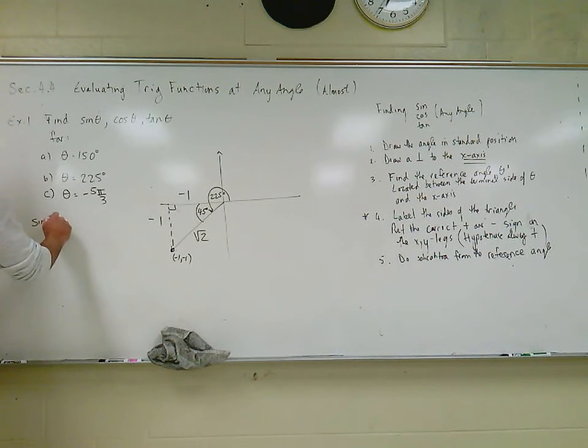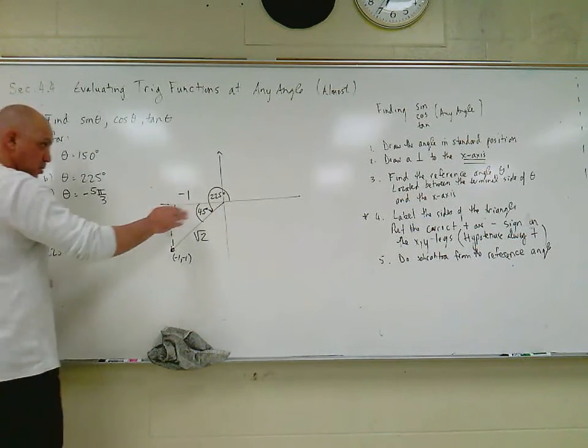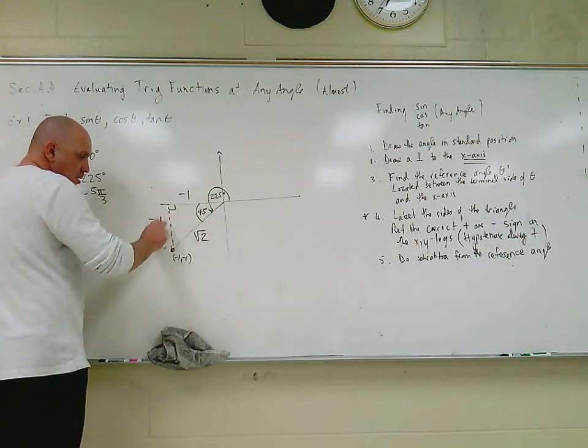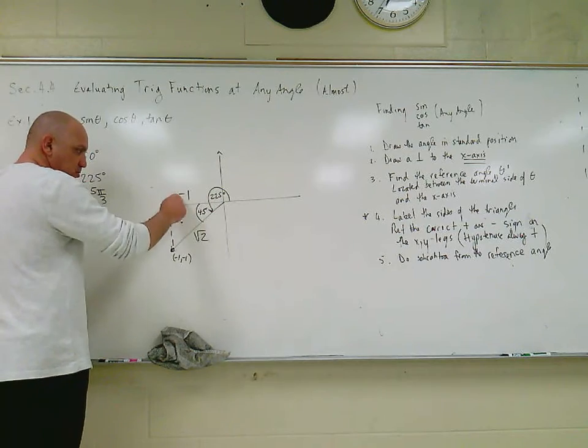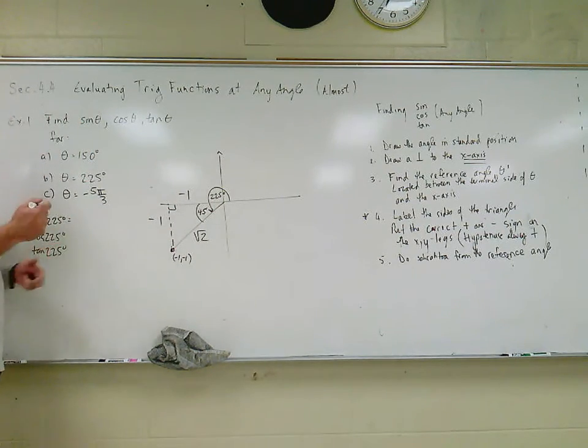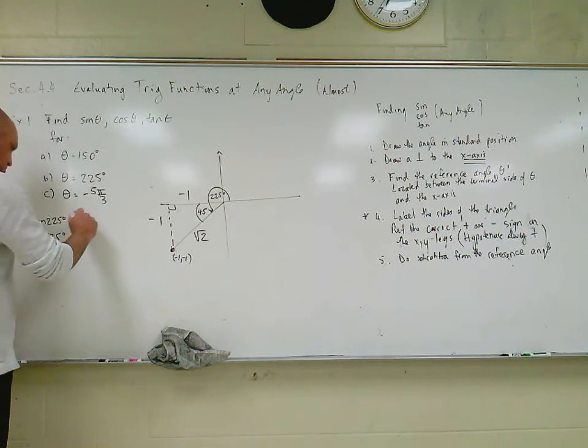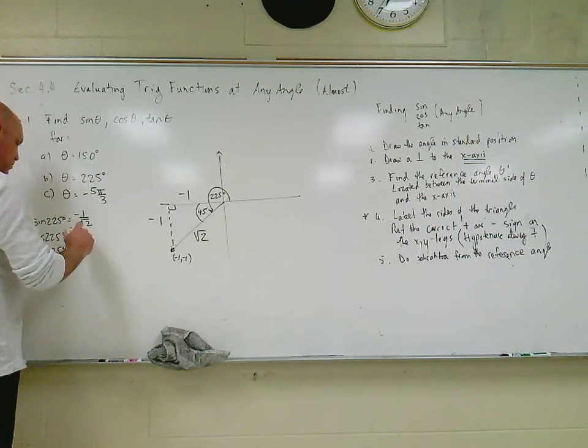Sine 225, cosine 225, and tangent 225. So let's see. What do you get for sine of 225? You go from here, and then this is your opposite, this is your adjacent, that's your hypotenuse. So what are your answers? Cosine 225.